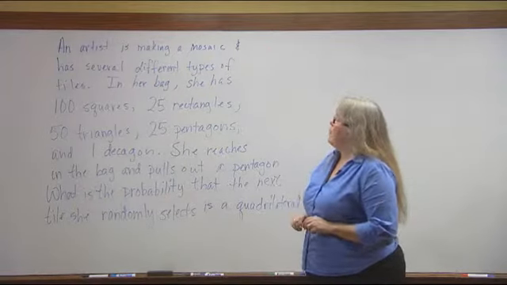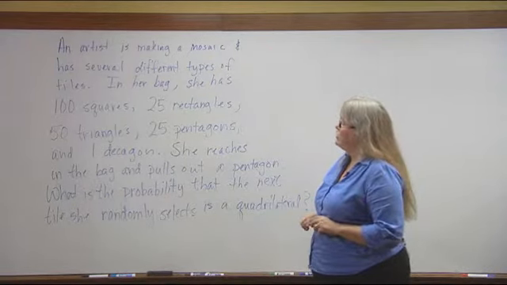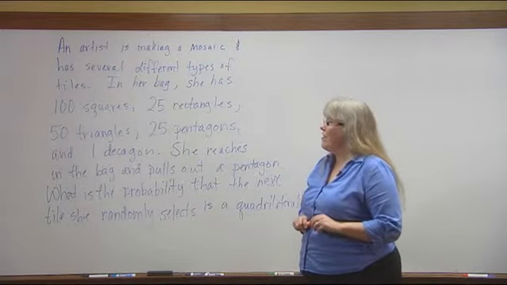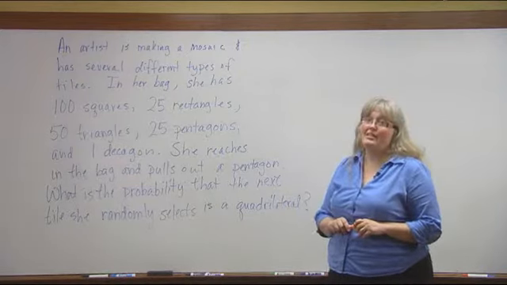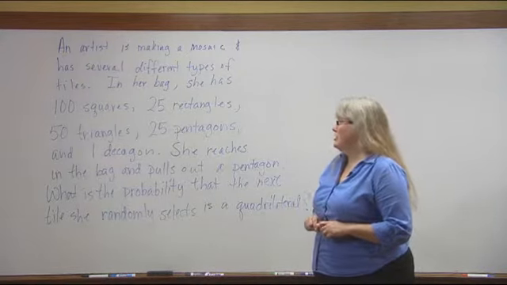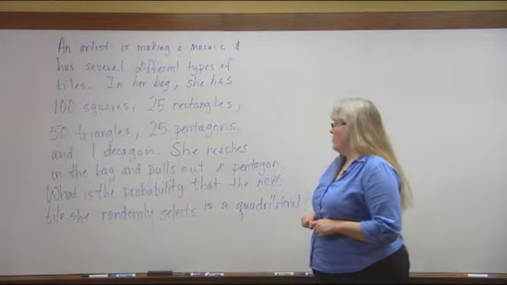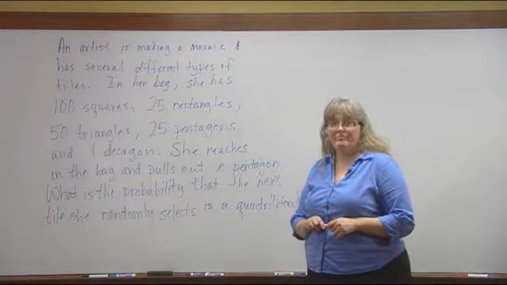So an artist is making a mosaic and has several different types of tiles. In her bag, she has 100 squares, 25 rectangles, 50 triangles, 25 pentagons, and 1 decagon. She reaches in the bag and pulls out a pentagon. What is the probability that the next tile she randomly selects is a quadrilateral?